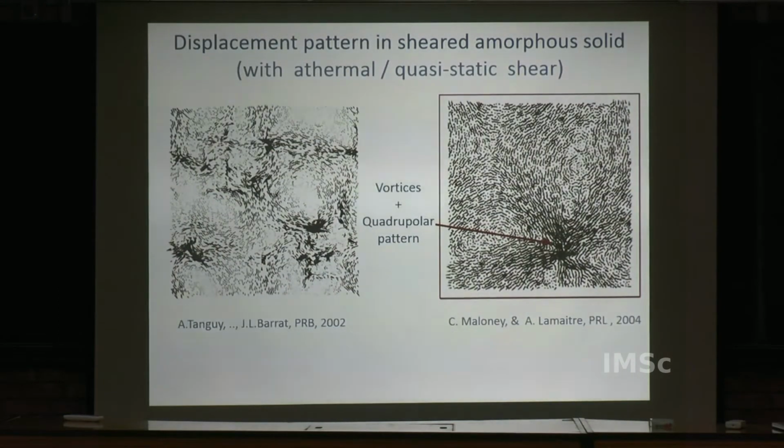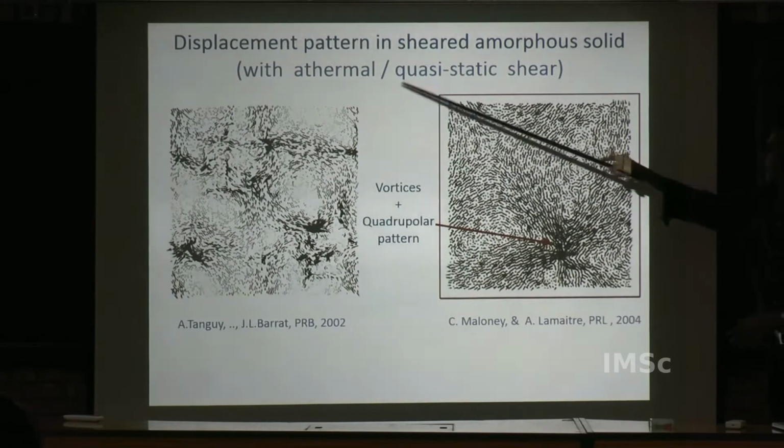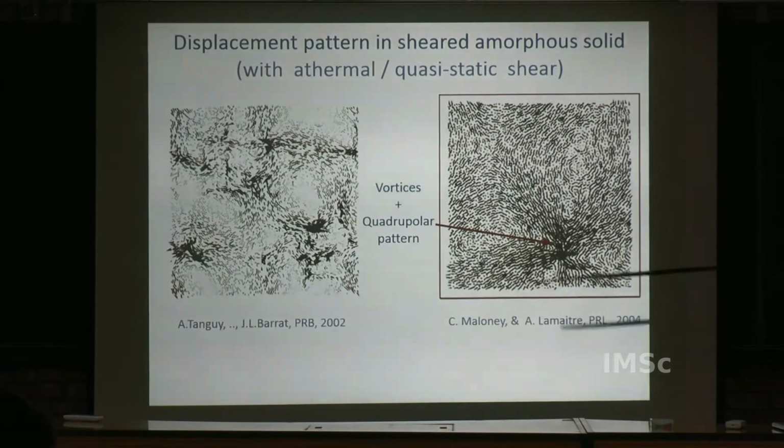Now, we had been seeing this kind of picture in the context of amorphous solids for a while. When we started looking for various kinds of patterns of defects and motion in disordered materials, we found many papers on completely amorphous material, obtained by athermal simulations applying shear.